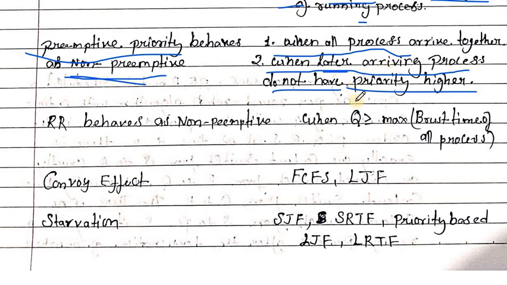Because the upcoming processes do not have higher priority, there won't be a context switch.